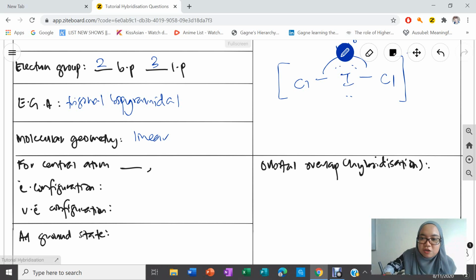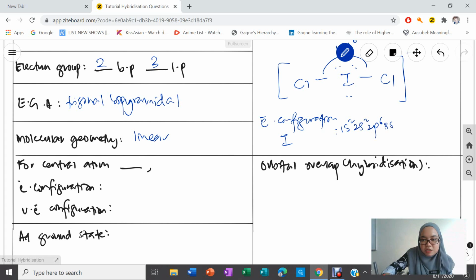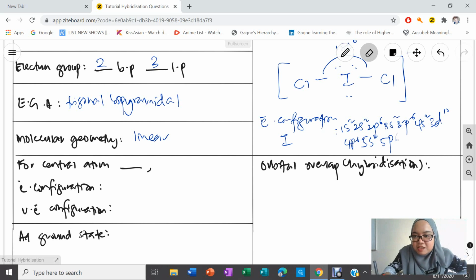Okay, if we do the electronic configuration for I atom, the electronic configuration is 1s2, 2s2, 2p6, 3s2, 3p6, 4s2, 3d10, 4p6, 5s2, 5p5, iodine kan.